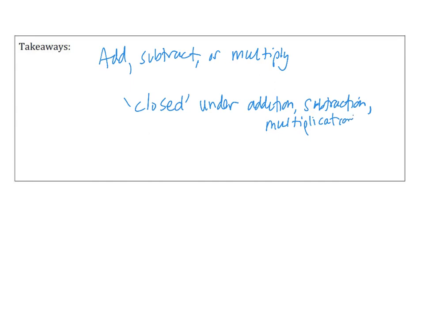Integers are closed under addition, subtraction, and multiplication. That is also true of polynomials. Polynomials are closed under addition, subtraction, and multiplication. You really don't need to remember that word. You just need to remember that if you add, subtract, or multiply polynomials to each other, you will still get a polynomial. What do you think will happen if we divide polynomials by each other?